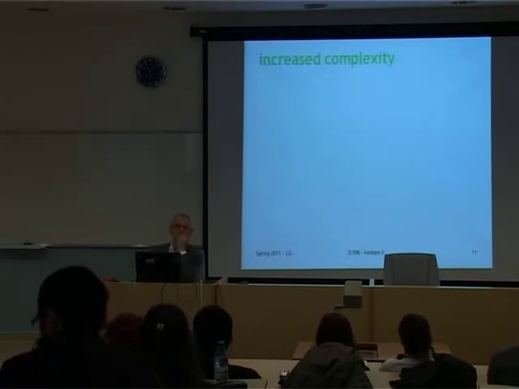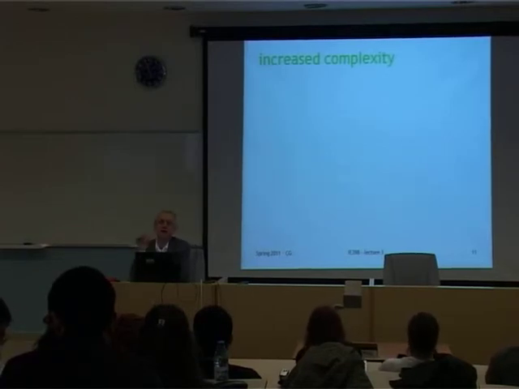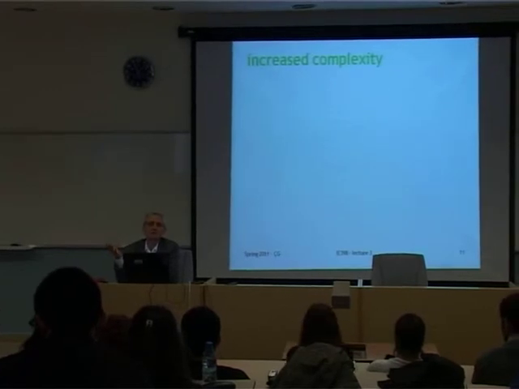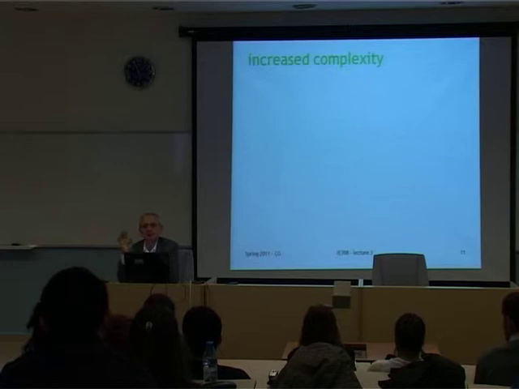So complexity is also something that we realized in the 20th century. For example, didn't Newton know about complexity? Well, he was also aware of complexity. There's the famous problem in physics called the three-body problem. Newton was able to solve the two-body problem.